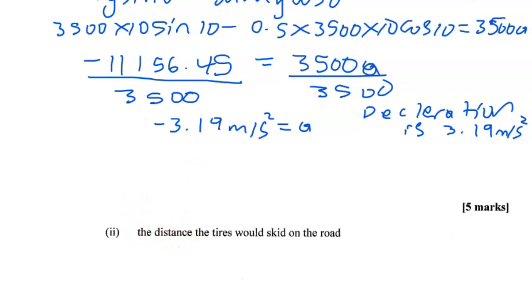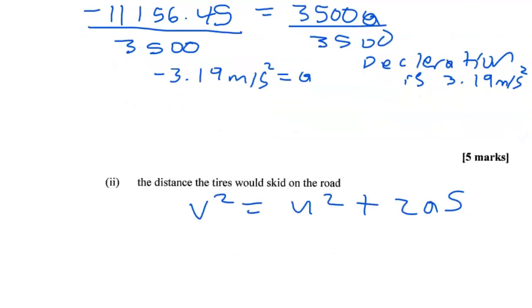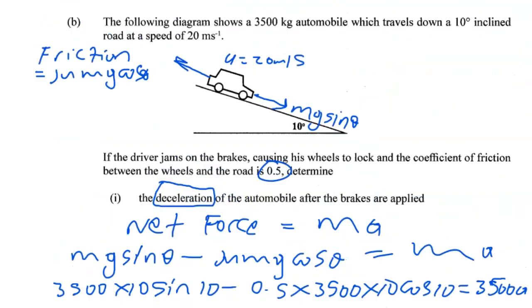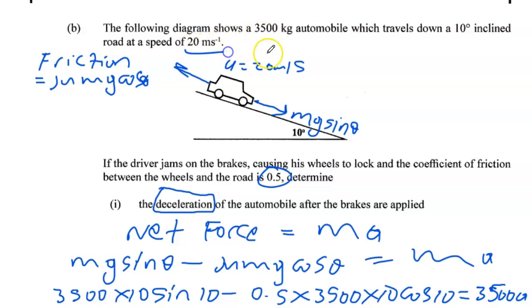So, we know that v square equal u square plus 2as, where v is the final velocity. So the car would skid to a stop, so the final velocity v will be 0. The initial velocity was 20 meters per second.